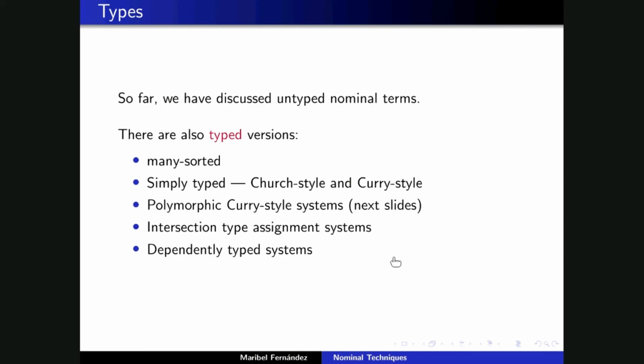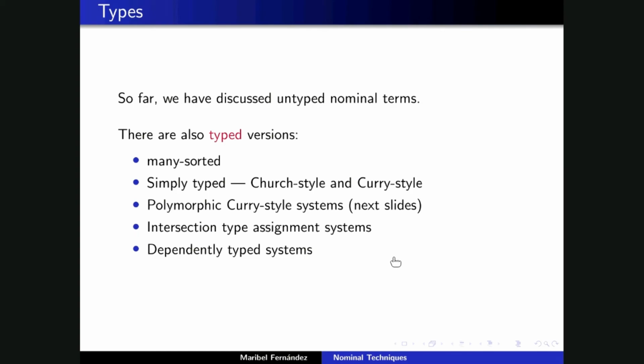But there are also other versions of typed nominal syntax. For example, there is a version with intersection types, which, if you are familiar with type systems for the lambda calculus, you might have seen. These intersection type systems were introduced in the 1980s with the goal of studying normalization properties and semantic properties, creating models of the lambda calculus.